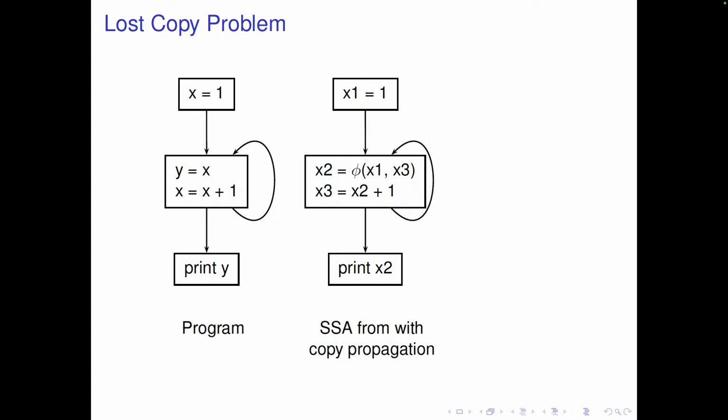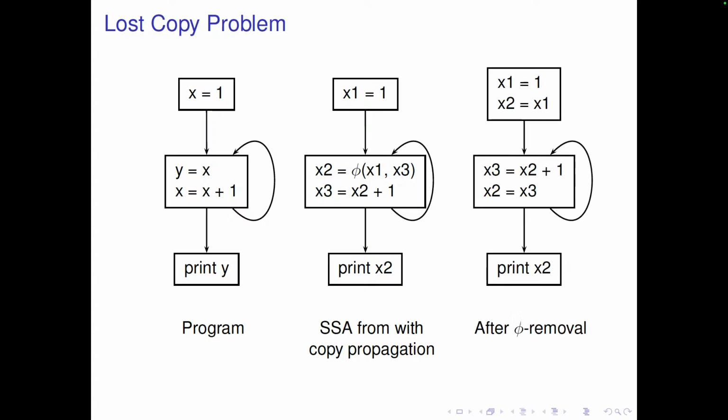Now you execute this program. After phi removal, this is how your program will look. Now the output will be 4.